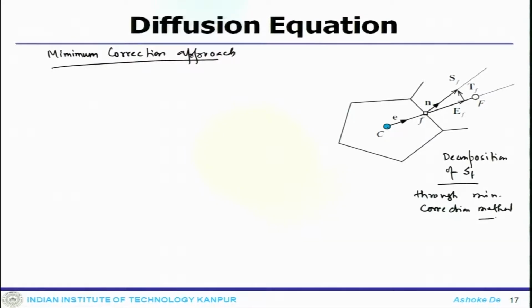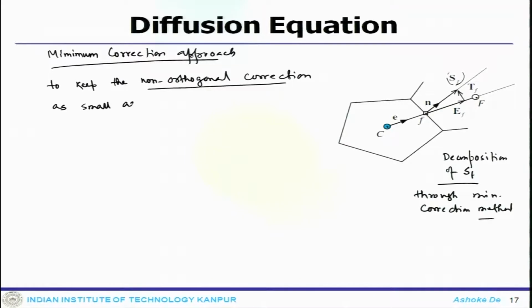So, you have these 2 points or the cell centers connected along the line DCF. This is the unit vector E along this surface point. This is the direction of the surface vector. Then we get 2 components.